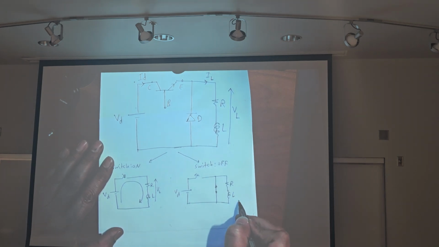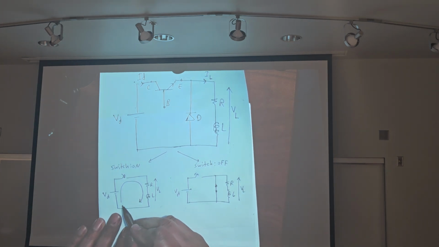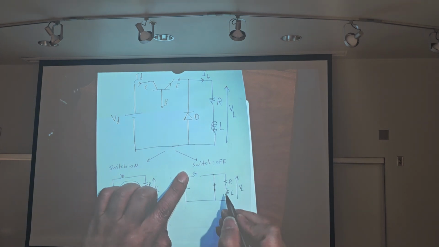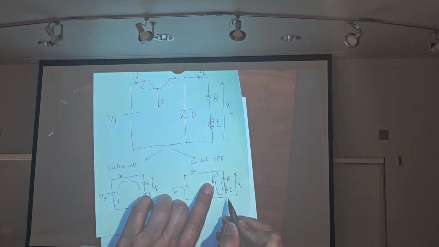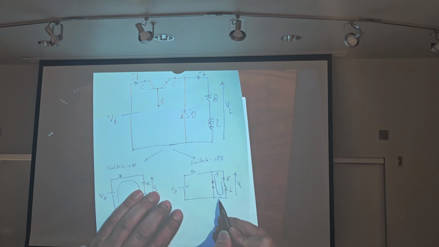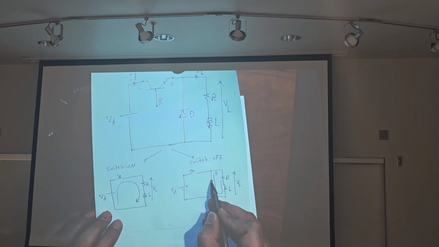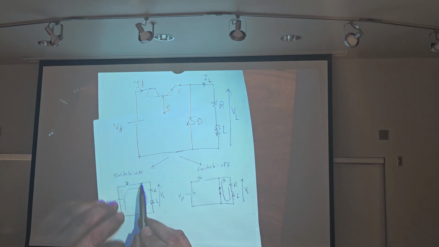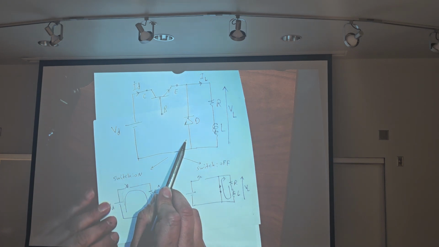See, here the diode will be conducting. Why? Because the first time the inductor charges the current, and the second time, when the switch is off, the inductor discharges the current. See the direction? It discharges the current through the diode, so the diode will be on. While in the other case the current flows in this direction, no current flows from the negative to the positive terminal.